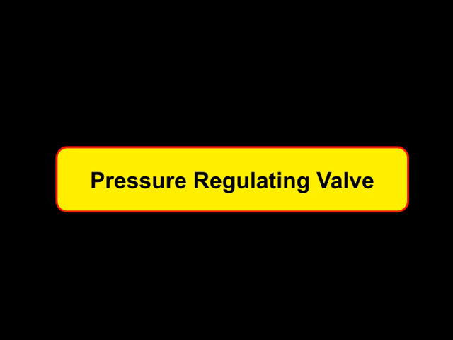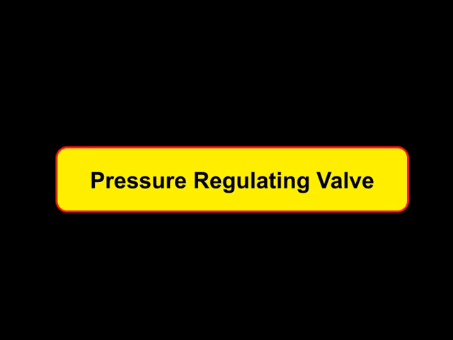All right, let's talk about the pressure regulating valve. This component is essential in maintaining a consistent pressure within a system, ensuring that downstream equipment operates safely and efficiently. Think of it as a guardian that prevents pressure from climbing too high, which could cause damage or safety issues.